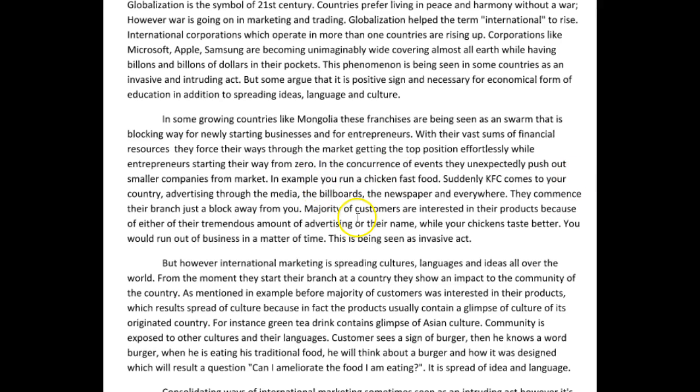So then we can talk about the example of KFC using their huge advertising budget to recruit loyal customers. Therefore, local producers of chicken products are forced out of business, which is an invasive act in itself.